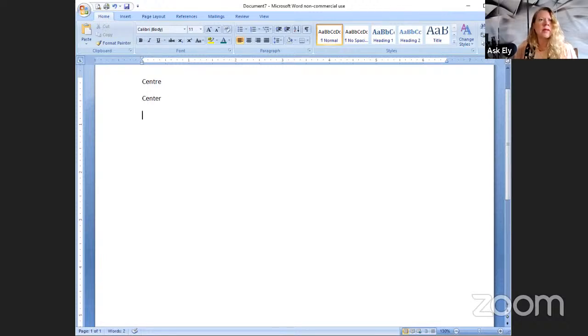No. Okay. So oddly enough, it's showing British spelling and American English spelling. But if you notice that the spelling is wrong and you know it's American spelling or you know that it's British spelling, you can ignore it. But that's how you change your dictionary, and that will help with spelling as well.